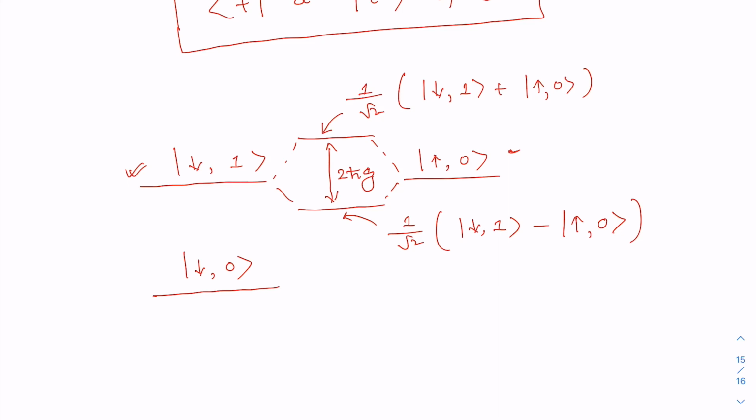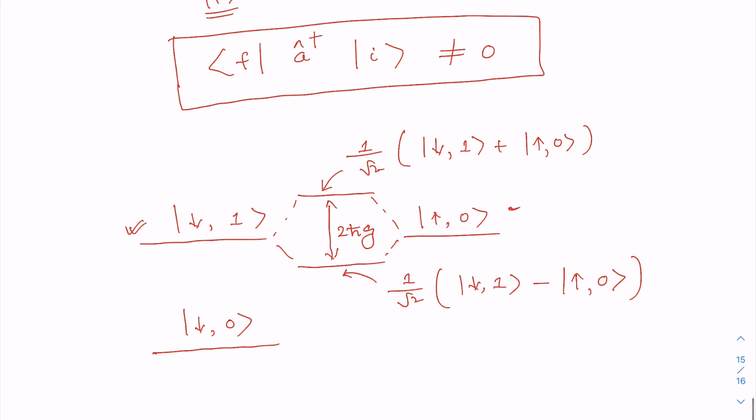Now, as I said, a photon is getting created inside the system. If you look at these two hybridized states, you will observe that in both of them there is a contribution from the state with one photon, while we started with no photon initially. So clearly two transitions are possible.